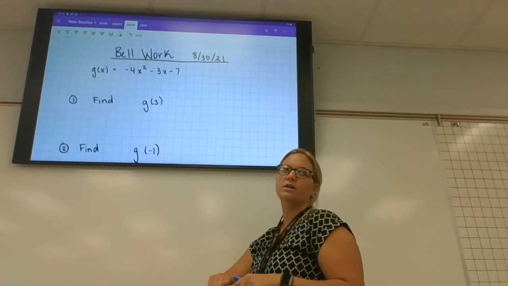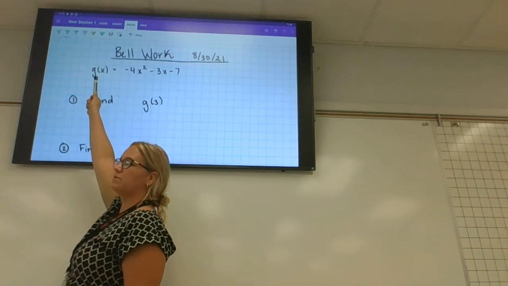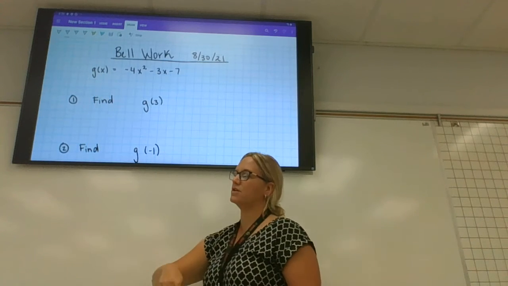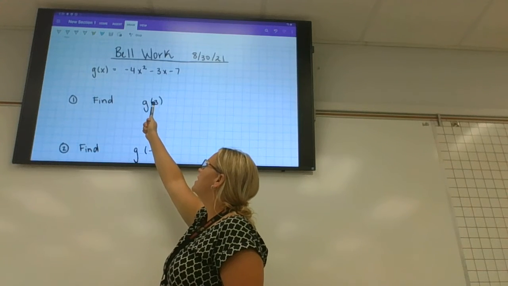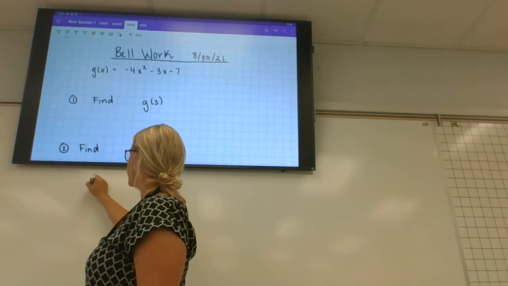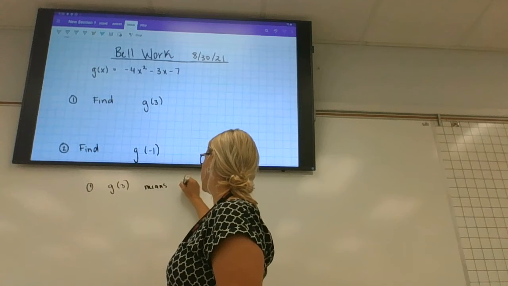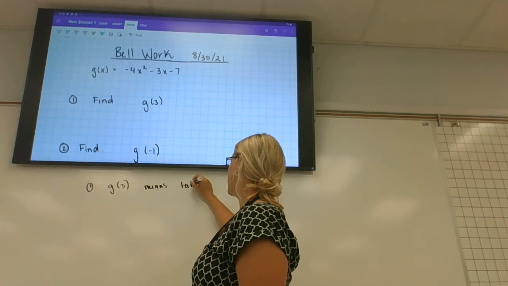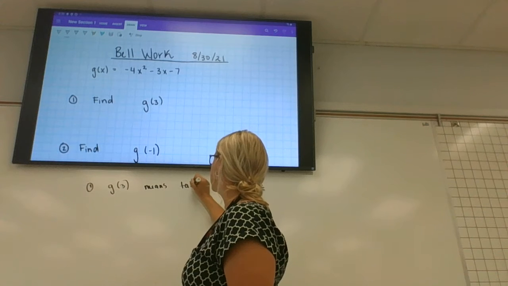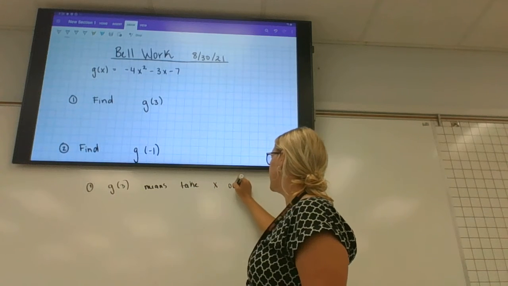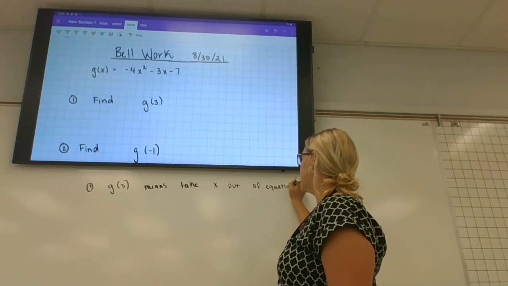And then whatever variable is here in the equation, that should match what's in the parentheses. That's how you read function notation correctly. So when I read this g of 3, this means take x out of the equation and replace it with 3.